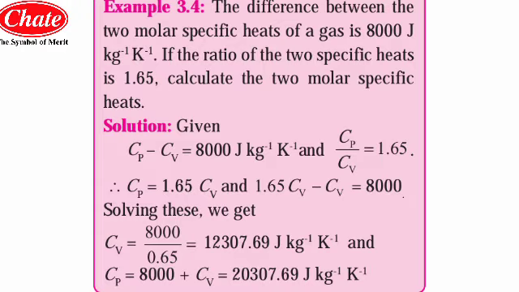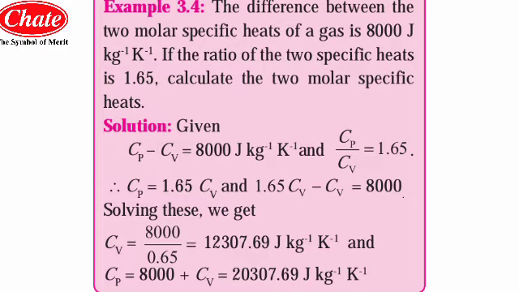Now students, there are two Cvs, so we take Cv common, then we will get Cv into bracket 1.65 minus 1 is equal to 8000. So 1.65 minus 1 will be 0.65 only.